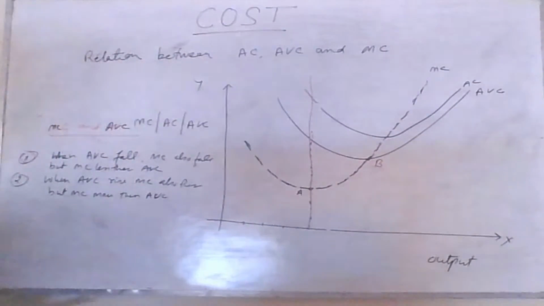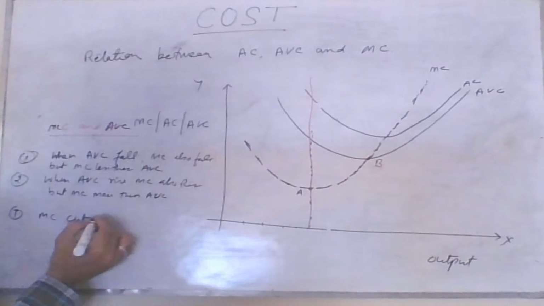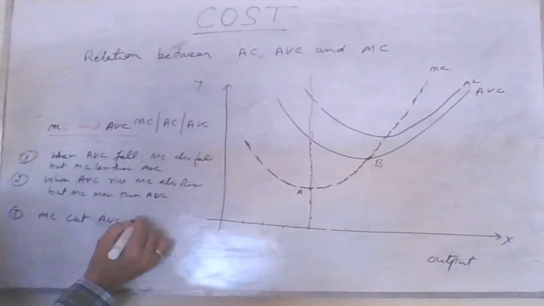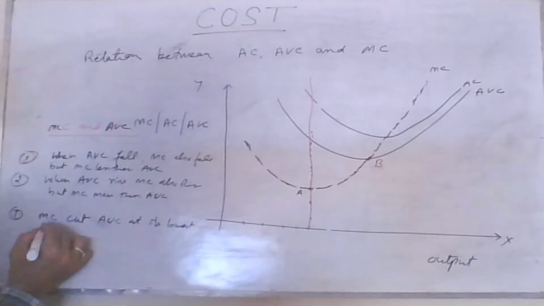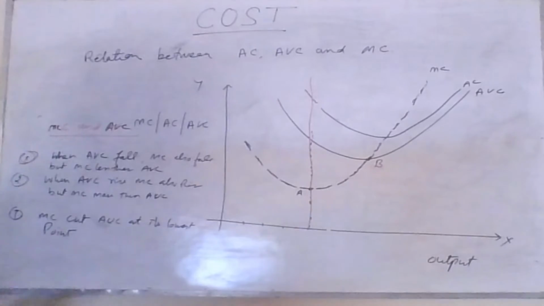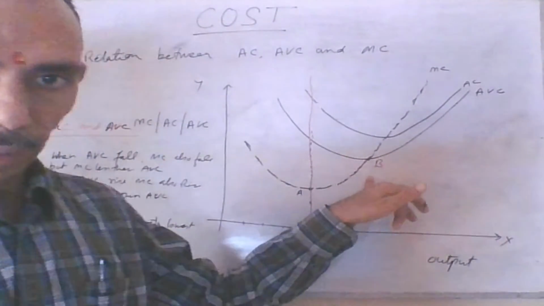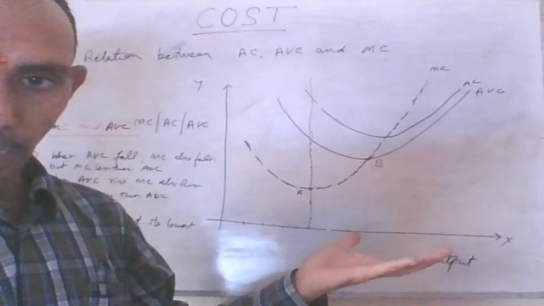Third, MC cuts or intersects AVC at its lowest point. At the point of intersection, both MC and AVC are equal, at the point B where the MC cuts AVC.